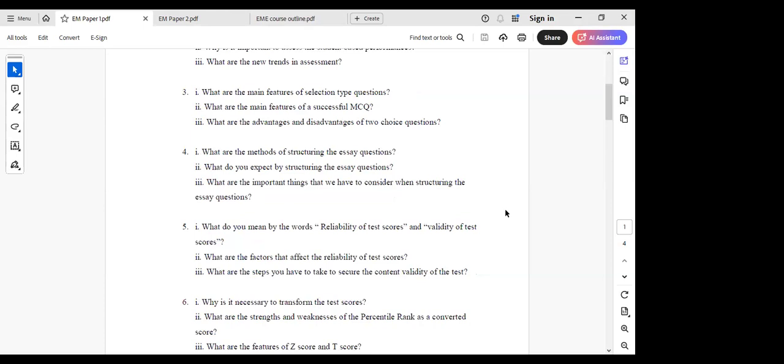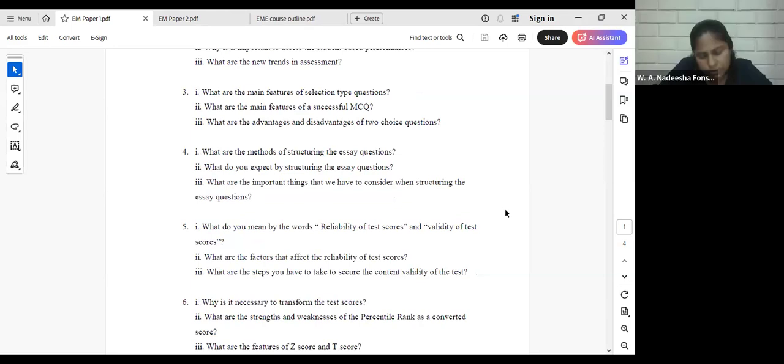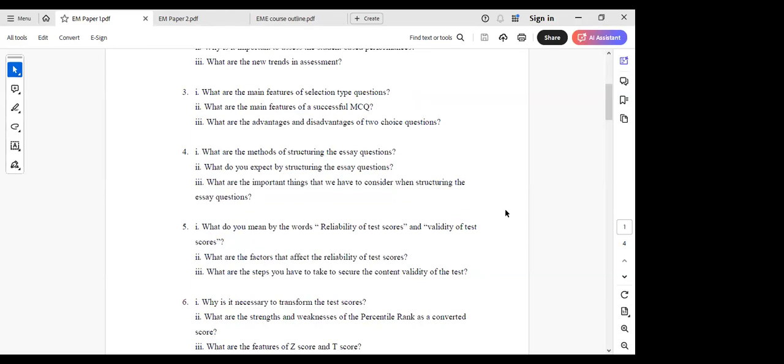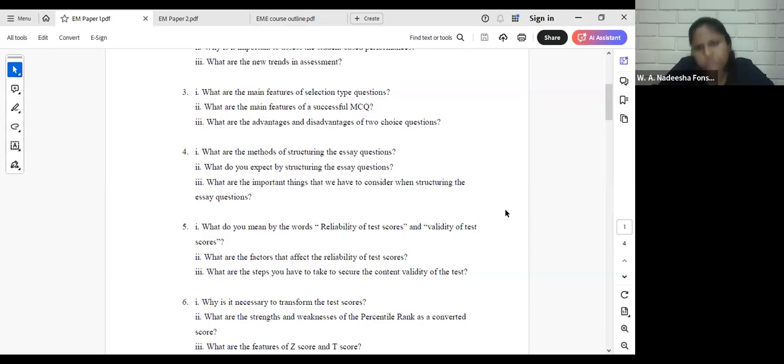Reliability means the consistency of measurement obtained by using a measuring instrument. Very good. Validity means the appropriateness of the measuring instrument to accomplish the expected outcome. Very good. So she gave the very clear answer.